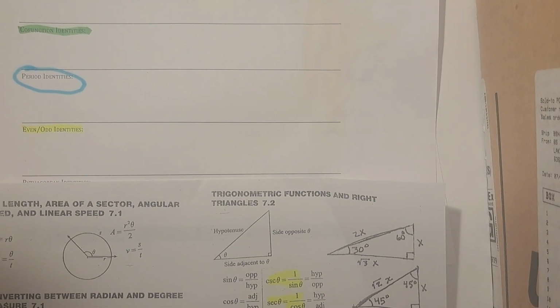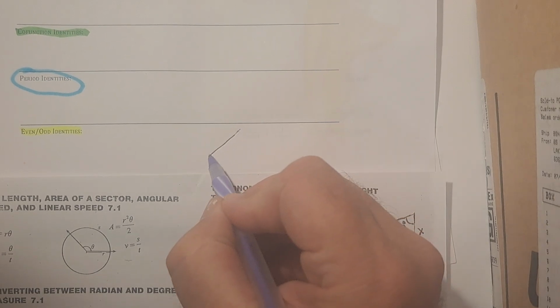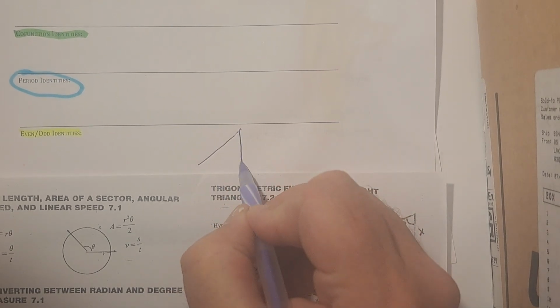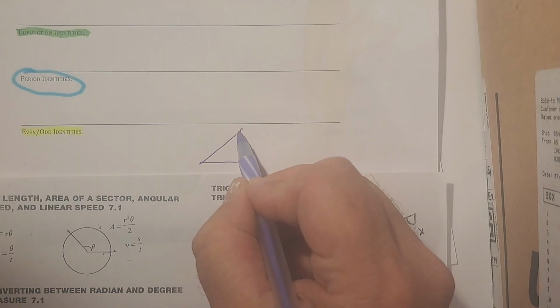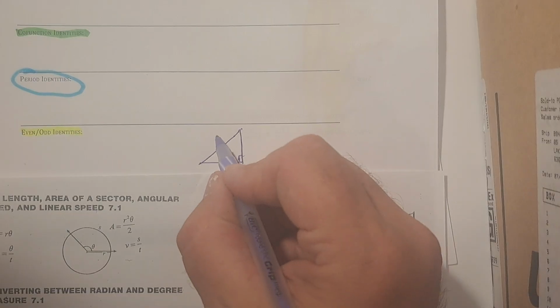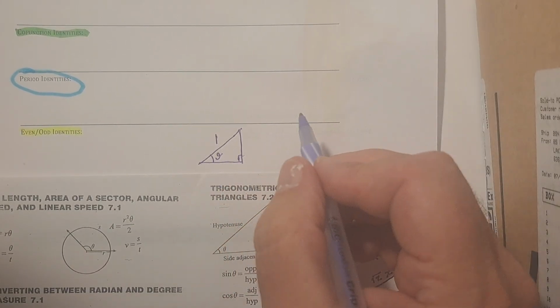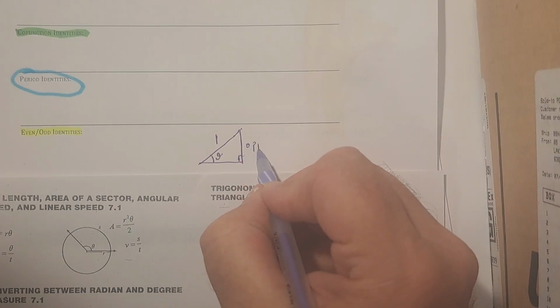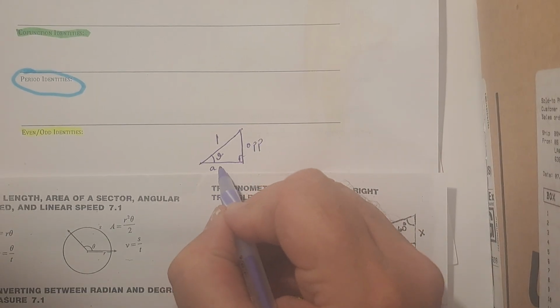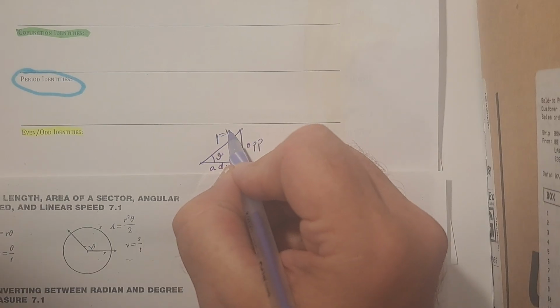So if you have a right triangle, then you have the hypotenuse. Let's say you make the hypotenuse 1. We'll call this theta. This will be the opposite side. This will be the adjacent side. And I made the hypotenuse equal to 1.